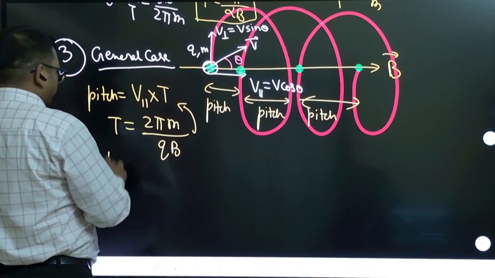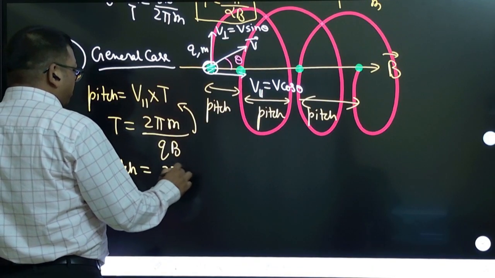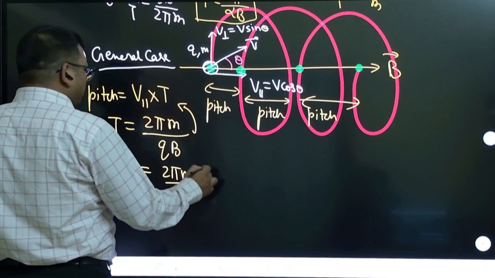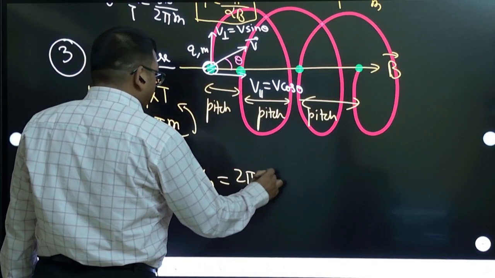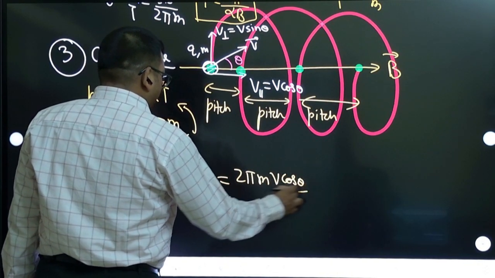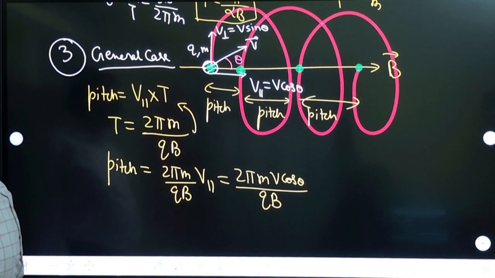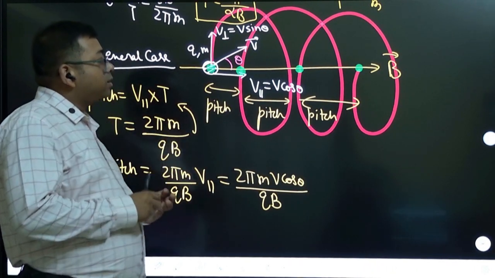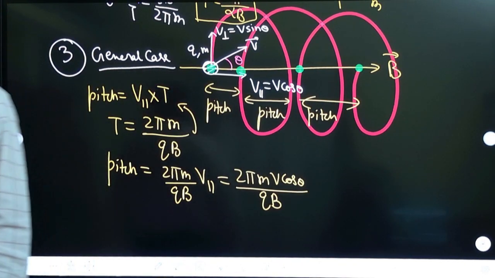So pitch can be calculated as 2 pi m by qB, multiplied with v parallel. V parallel is nothing but v cos theta, so 2 pi m into v cos theta divided by qB. Pitch is the forward distance moved by the charged particle after completing one circular motion.